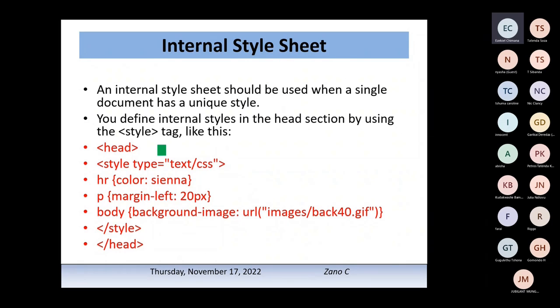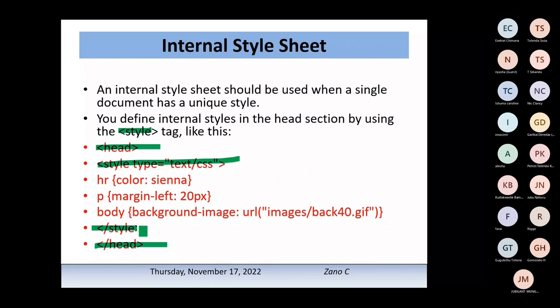You define internal styles in the head section by using the style tag, like this. Inside the head section, you put the style tag, and then you label the type as text/css.